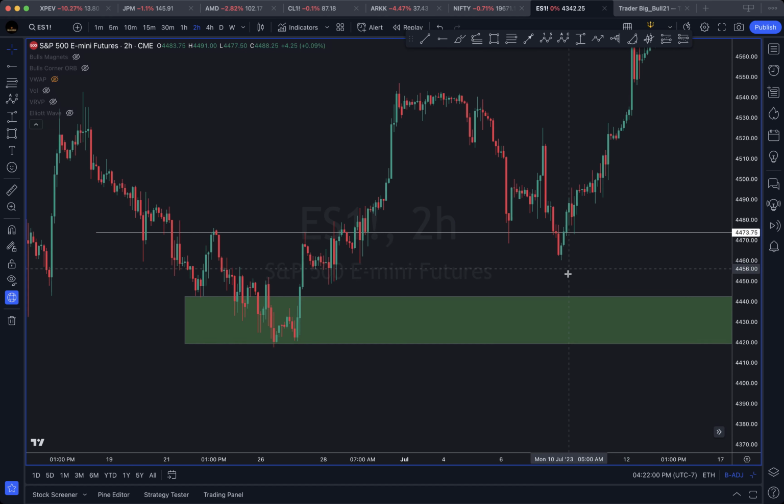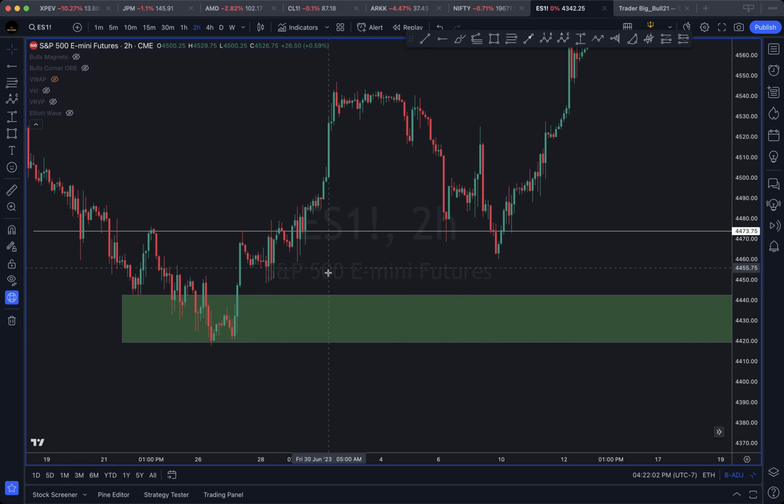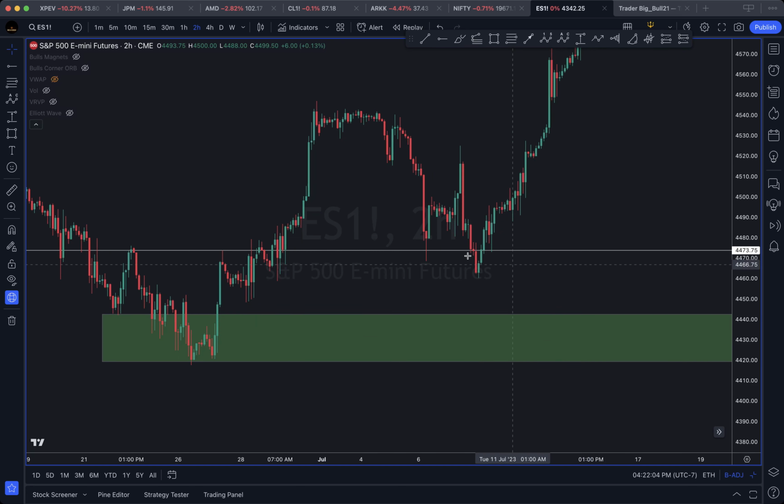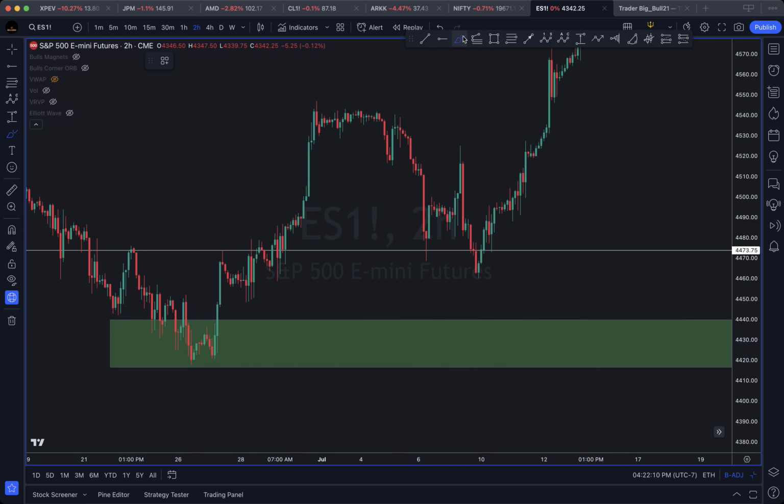Guys, in this case, this was a clear demand zone, but we would also have to incorporate these prior highs and prior lows, which is support and resistance, that we learned on day one of the week. The price was respecting the support zones at this point. You have to use this support and resistance.